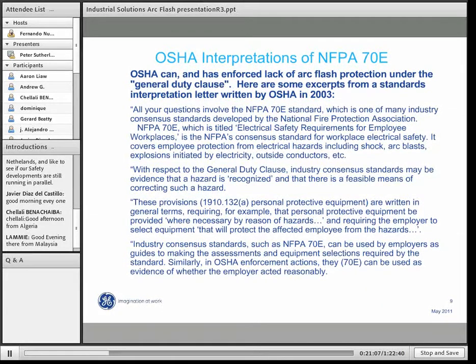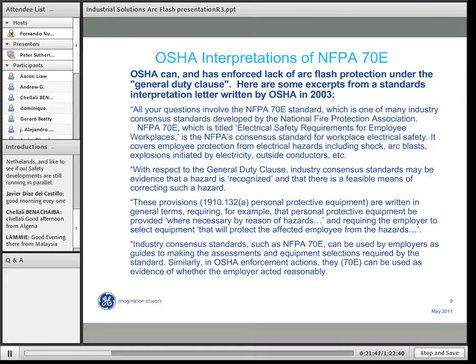Now, the situation being that the National Fire Protection Association is a private organization made up of representatives from industry who get together and write a consensus standard. So this is similar to standards that are put out by the IEEE or the IEC. And as such, it is not a law or a government document.